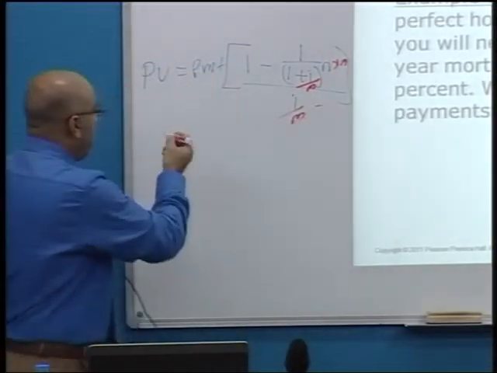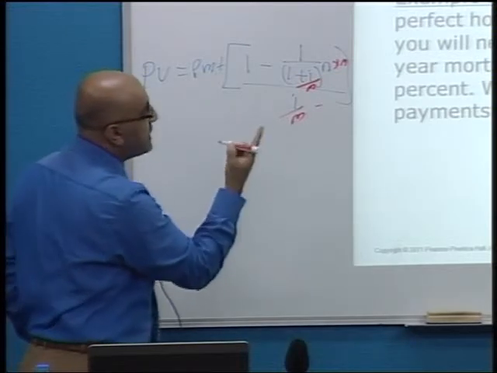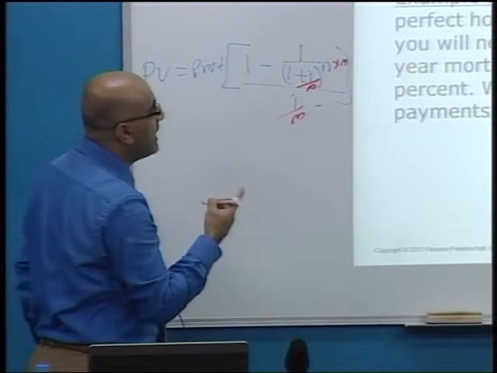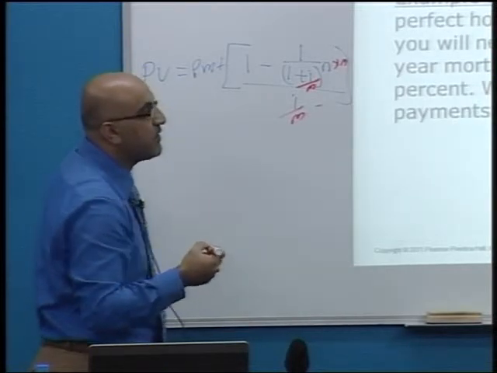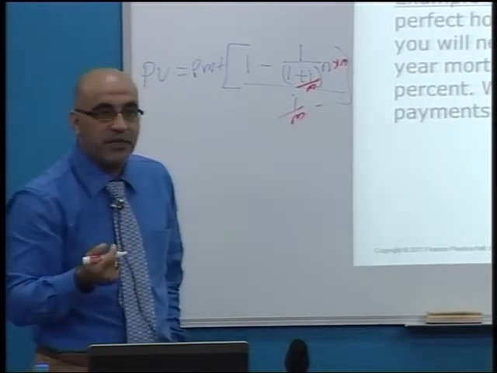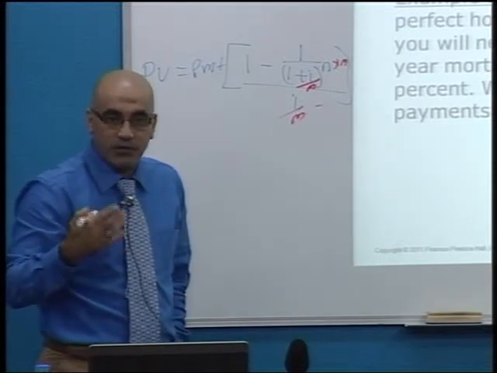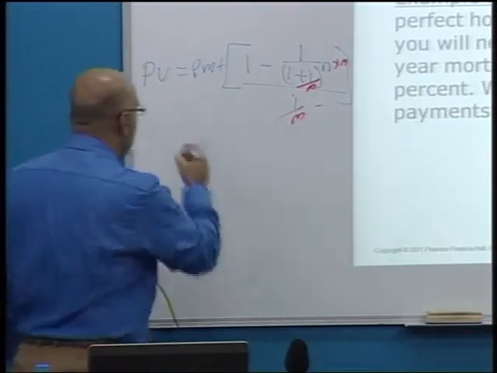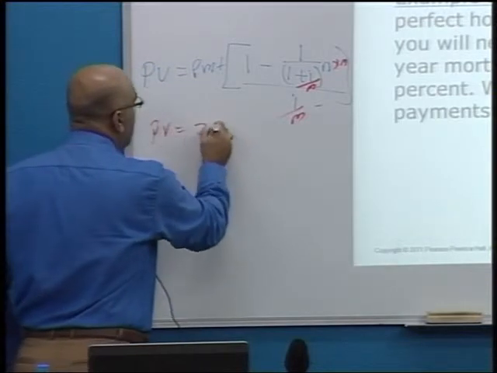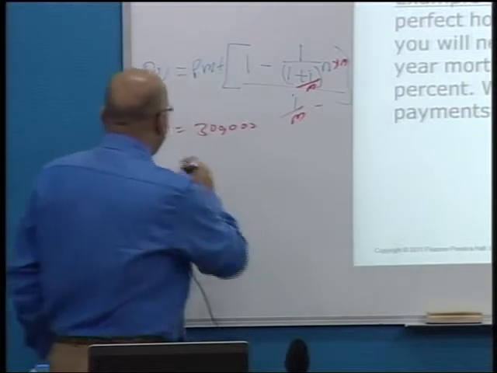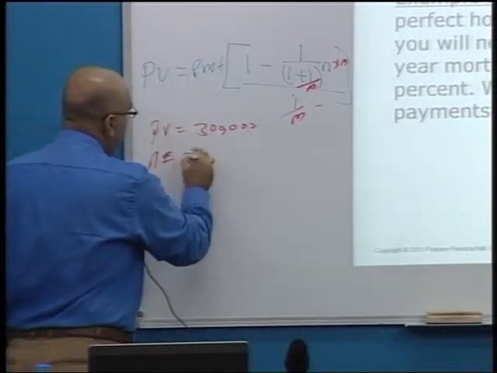Now, you have just found the perfect home. However, in order to buy it, you will need to take out $300,000. Take out $300,000, it means your loan is equal to $300,000. So the present value is $300,000. For 30 years, so N is 30.